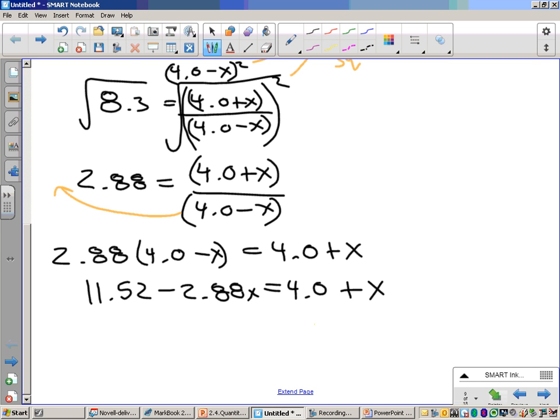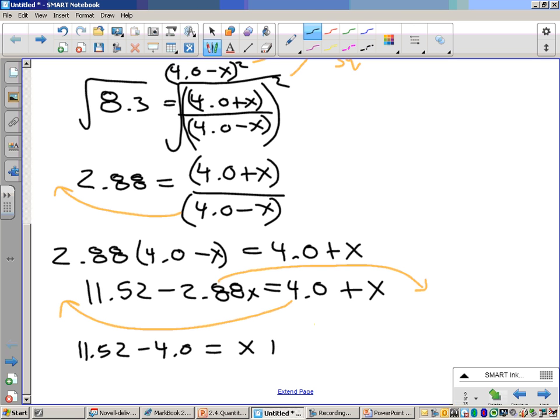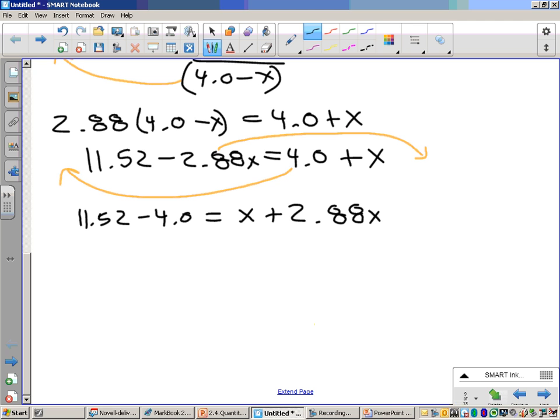Mathematically, I'm bringing this over here, making it a negative, and bringing that over there, making it a positive. So I have 11.52 minus 4.0 equals x plus 2.88x. And 1x plus 2.88x equals 3.88x.